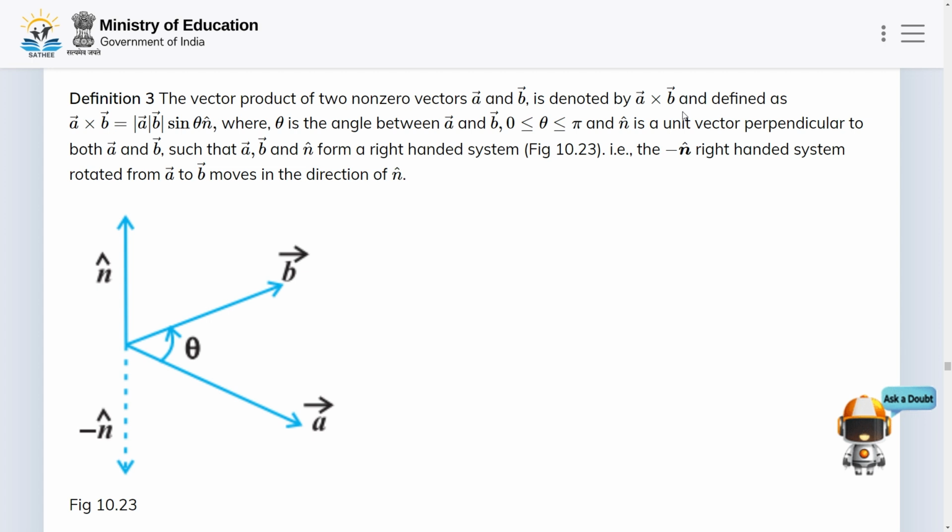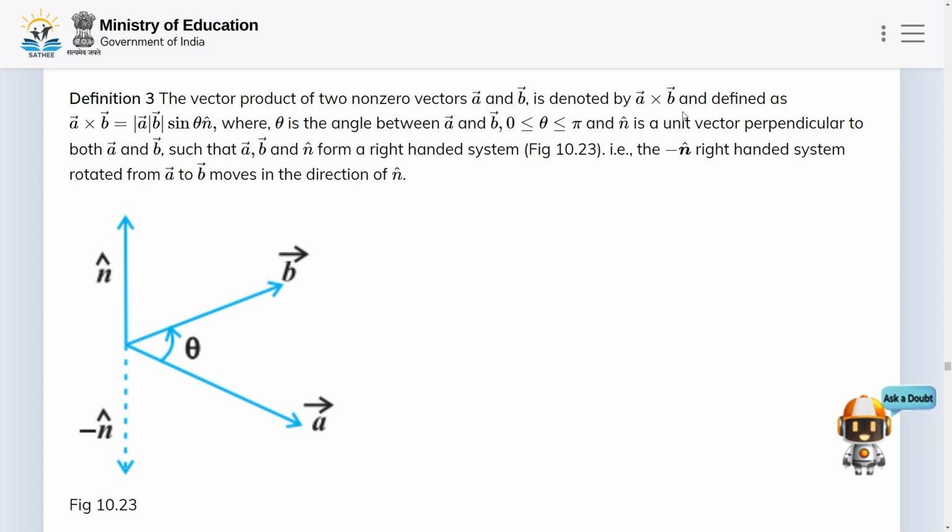Now, n cap will be a unit vector which is perpendicular to both.